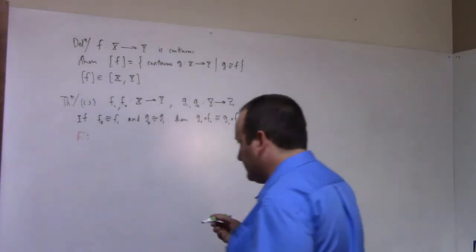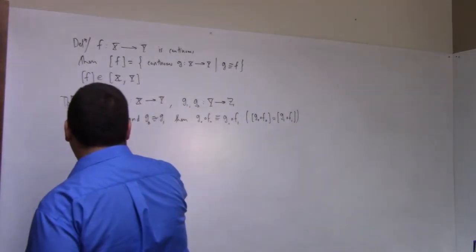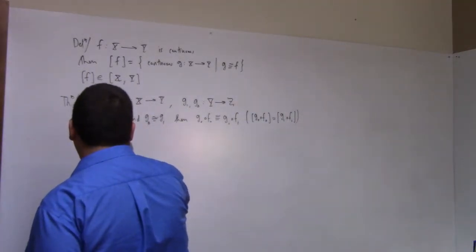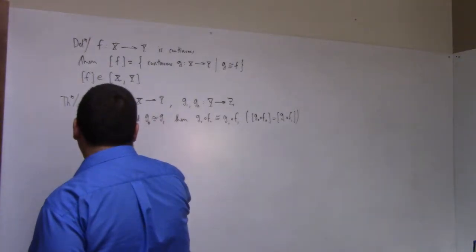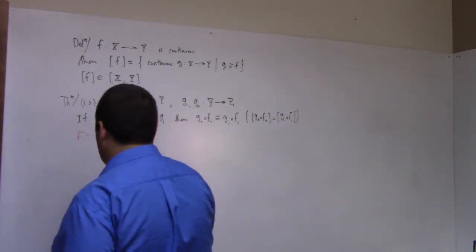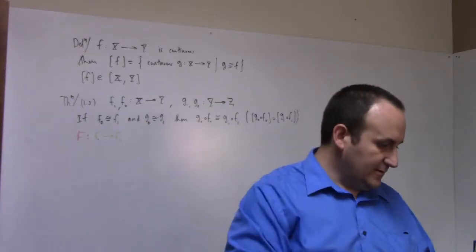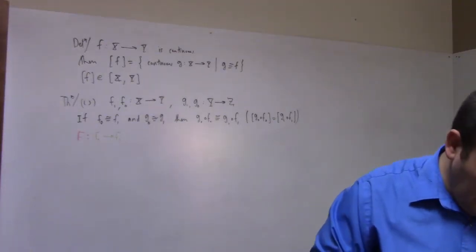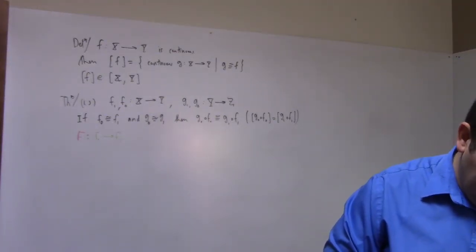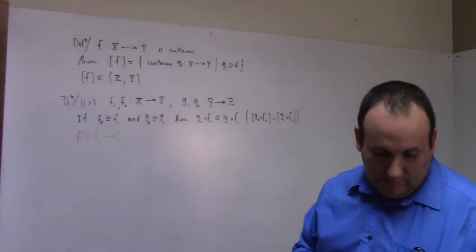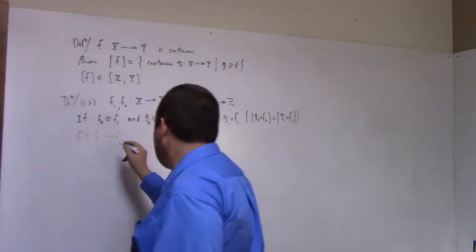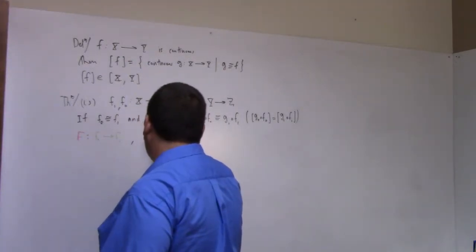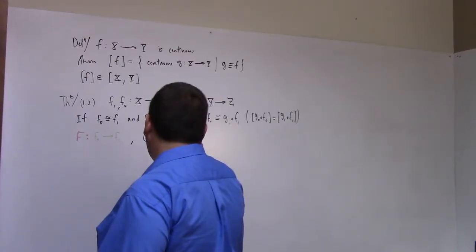So suppose F is a homotopy of F naught to F1. Suppose G is a homotopy of G0 to G1, right?